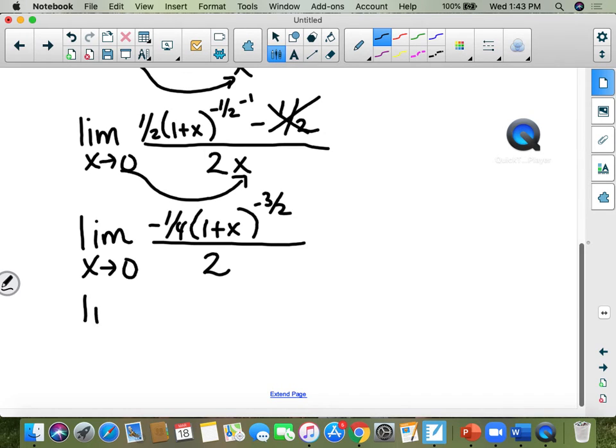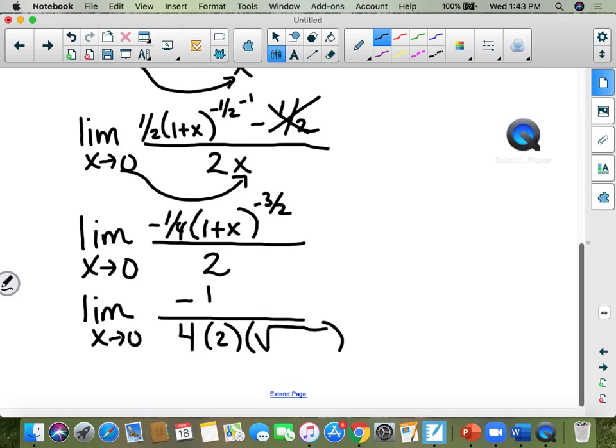That ends up being the negative 1/4. The 2 goes down there also because it's down there, and this little guy comes down here too, and it becomes 1 plus x. It's the square root of the cube of 1 plus x.